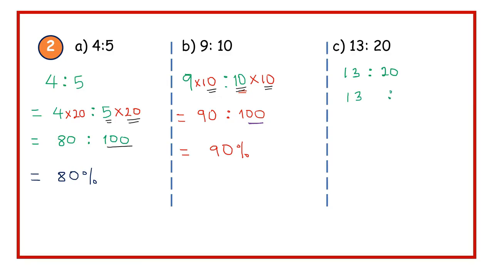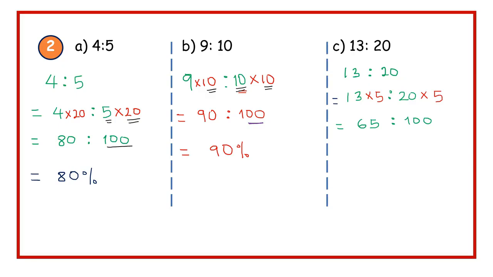we will look for a number to multiply by 20 in order to get 100. And that number is 5. So we say 20 times 5 and 13 times 5. Now, in that case, we will get 13 times 5, which is 65, and then 20 times 5, which is 100.